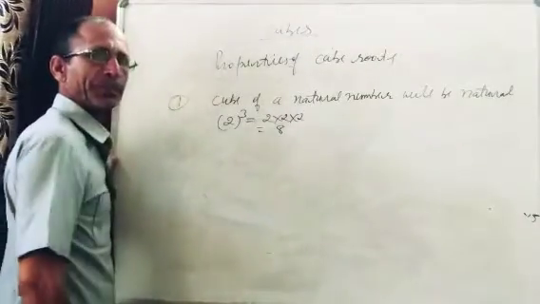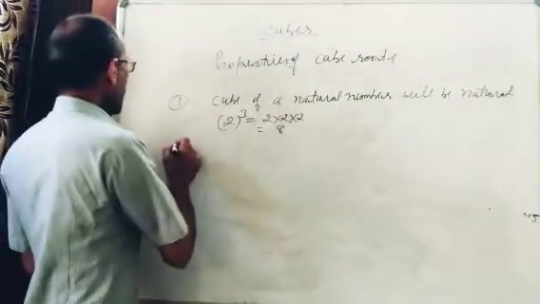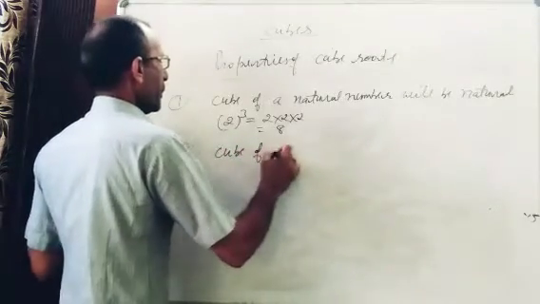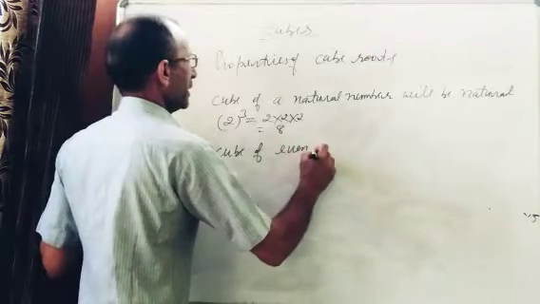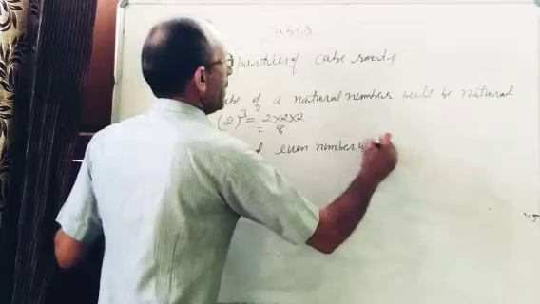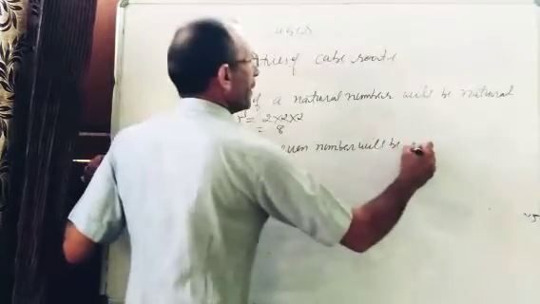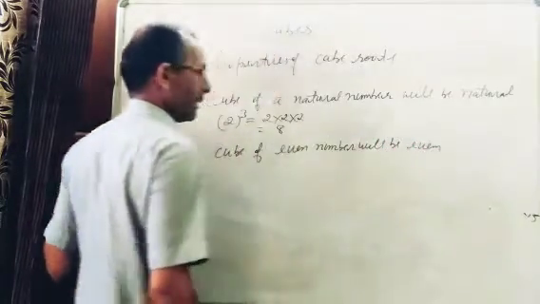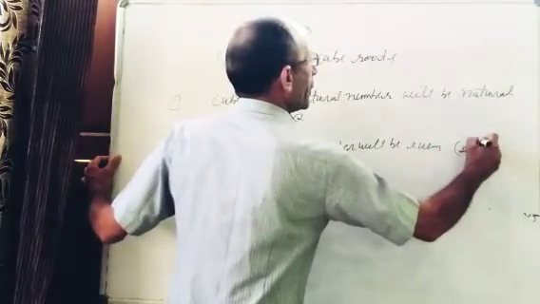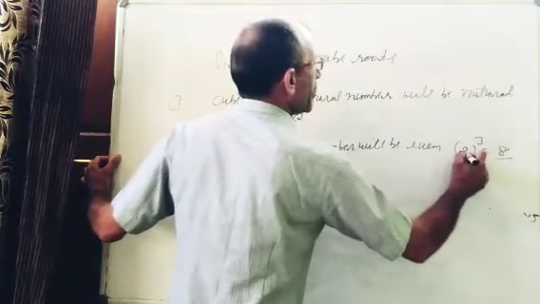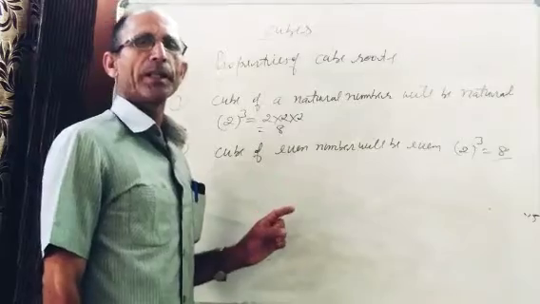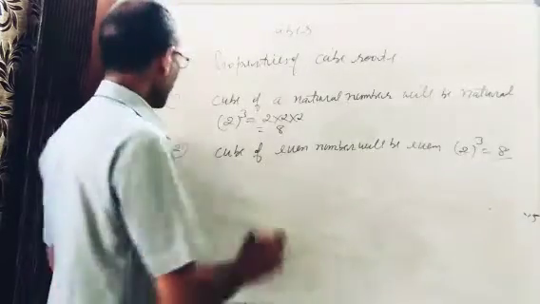Second property, the cube of an even number will be even. For example, 2 raised to the power 3 is 8. 2 is even and the result is also even.